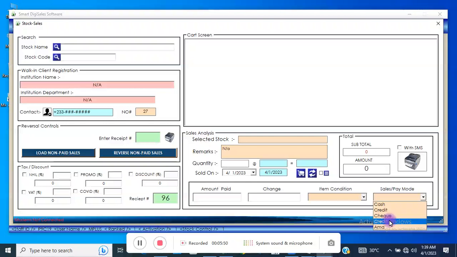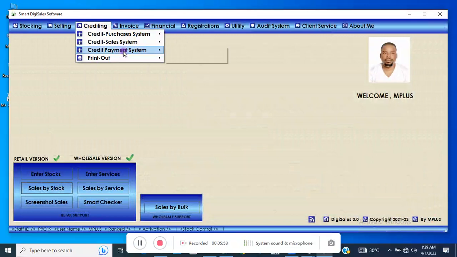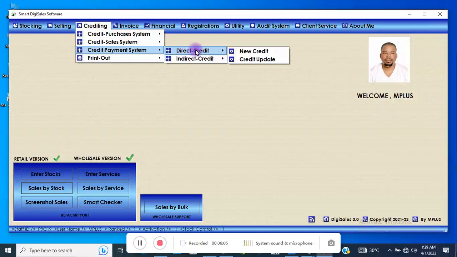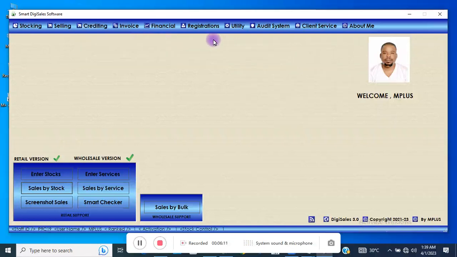If you supply an item under the indirect credit system, that means for the credit payment you must choose indirect anytime a payment is being done. If you choose the direct credit system and you supply, when a payment is being done, you click on direct. So this is how a credit system on DigiSales operates.